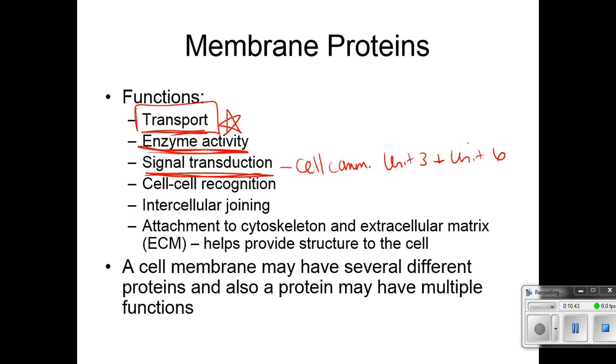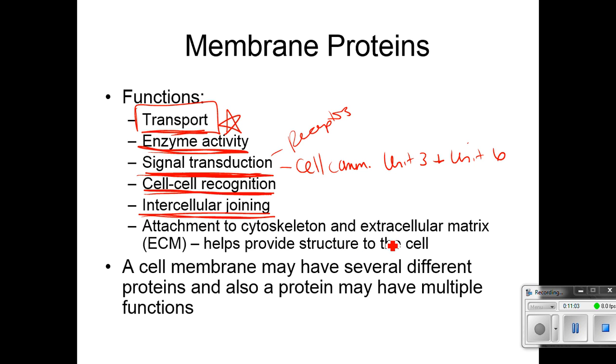We'll talk more about that, but they can actually be receptors to allow things into the cell. Cell-to-cell recognition, so one cell might recognize another based on the proteins on the outside of the membrane. And intercellular joining, so joining cells together.